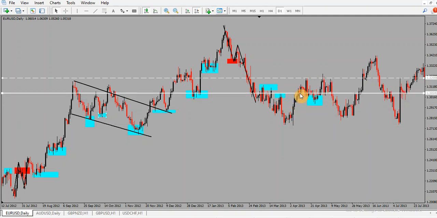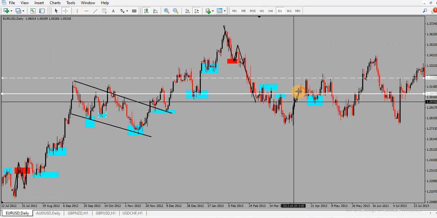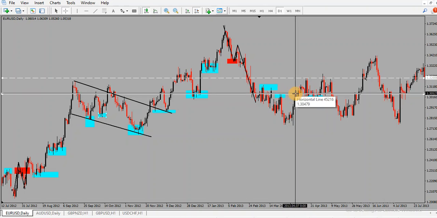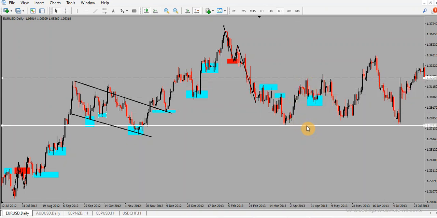Because what price did was from here it broke my level, which is my direction level, and now I'm changing direction. So this becomes my high and then it fails to break, comes back again, fails to break this level, which means I'm still on the buy side.